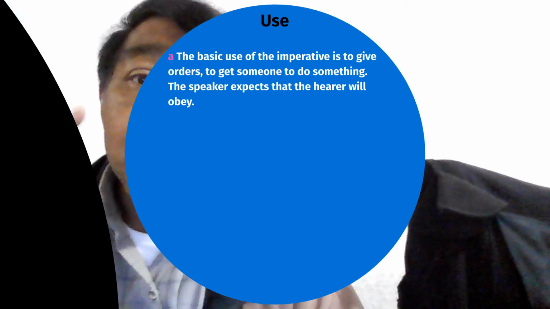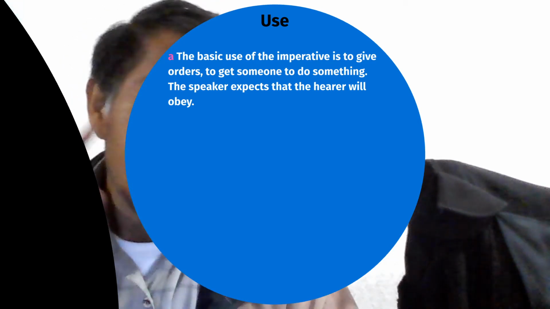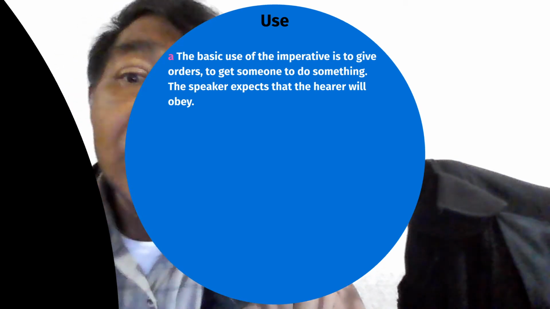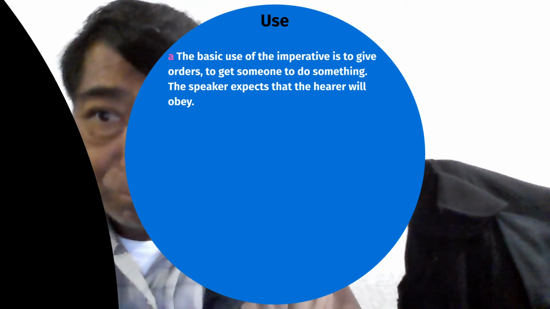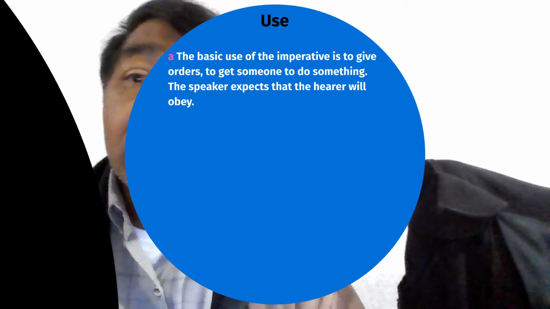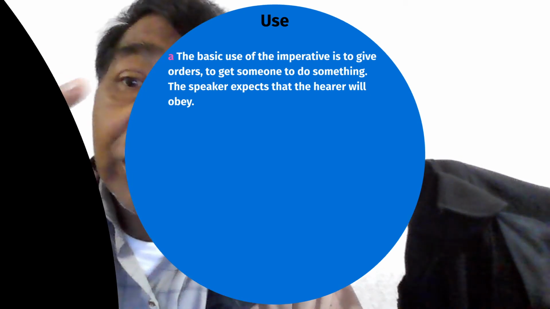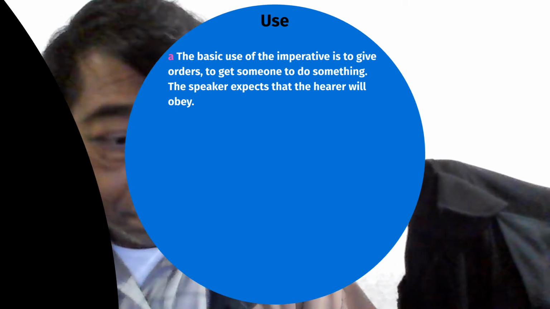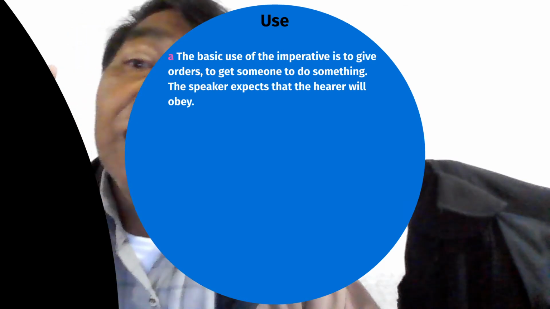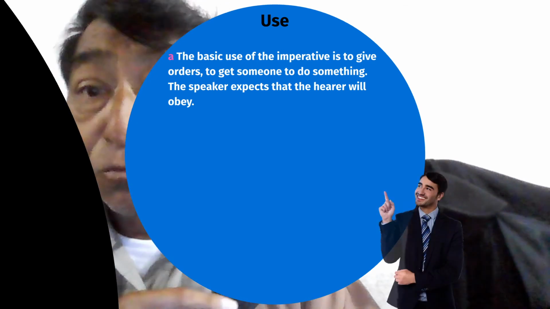The speaker expects that the hearer, the person who is hearing, will obey. So you say something and the other person will do the things for you. Okay, so this is when the person obeys you.